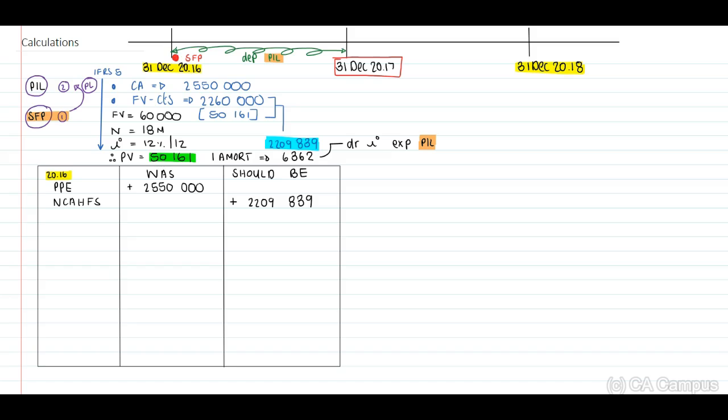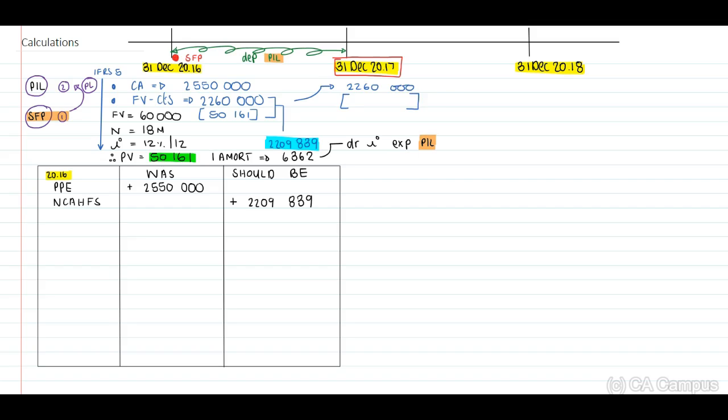Now, at the end of 31 December 20.17, remember, our non-current asset held for sale should be recognized at fair value less cost to sell. Therefore, when you look at this, guys, do you agree with me? 2260,000 minus our cost to sell.